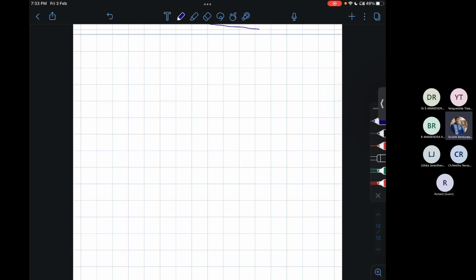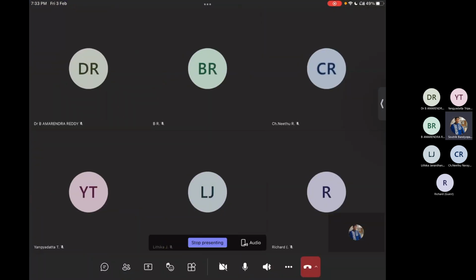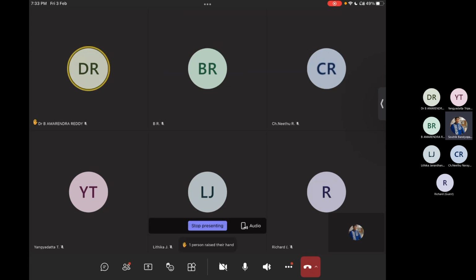So before going into that, let me ask, what is your background? I would go around this meeting and ask what is the background of everyone. How many of you are doing control theory? Please raise your hands. Doing control theory as part of your course curriculum. 1 and 2.